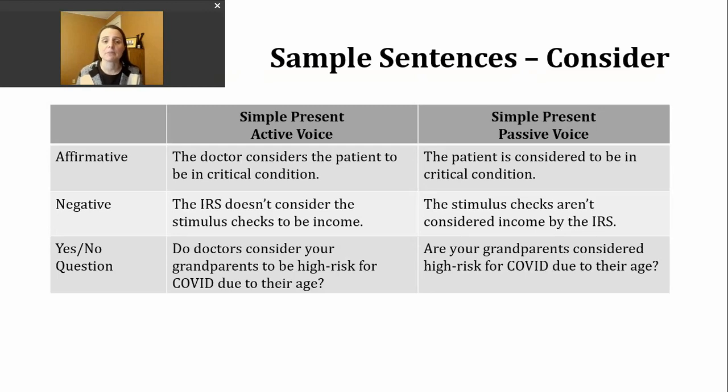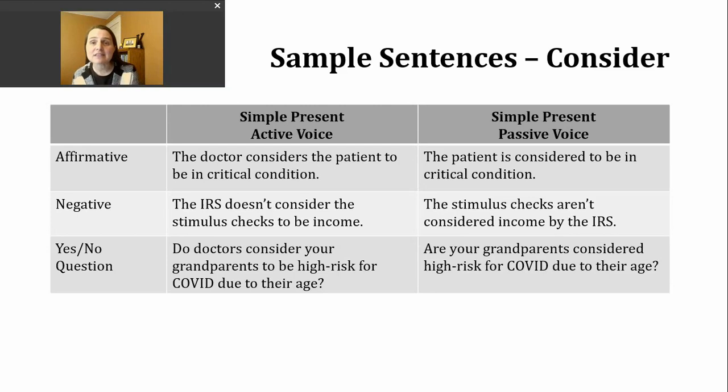Here's another example. Do doctors consider your grandparents to be high risk for COVID due to their age? Okay, so we know who is responsible for this action. Again, I feel like I've heard lots of examples with doctors and what they think, believe, what sort of judgments they're making.